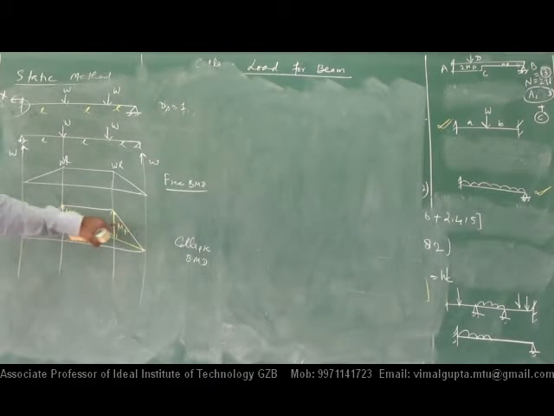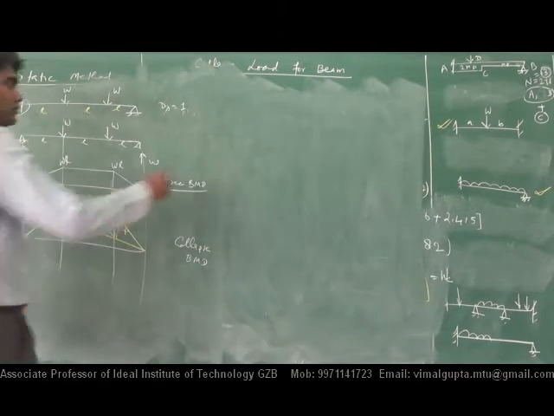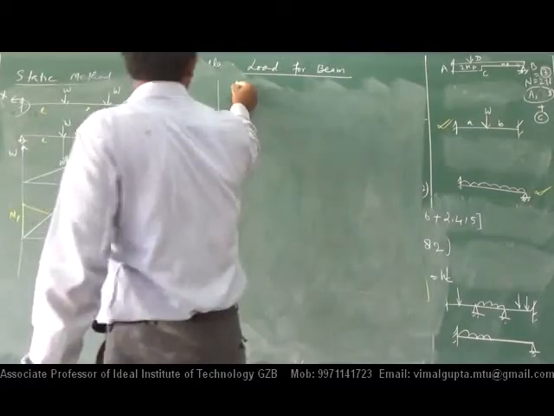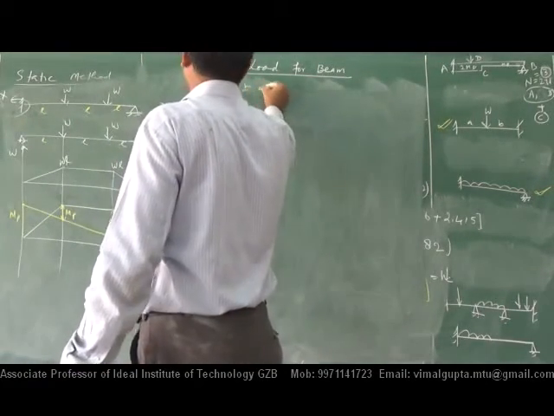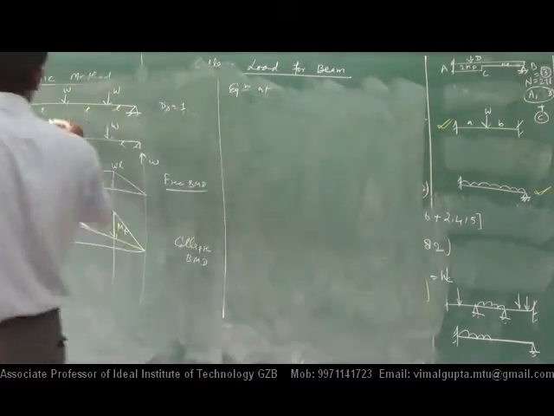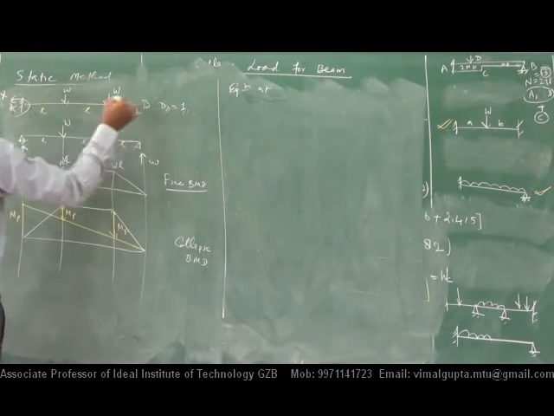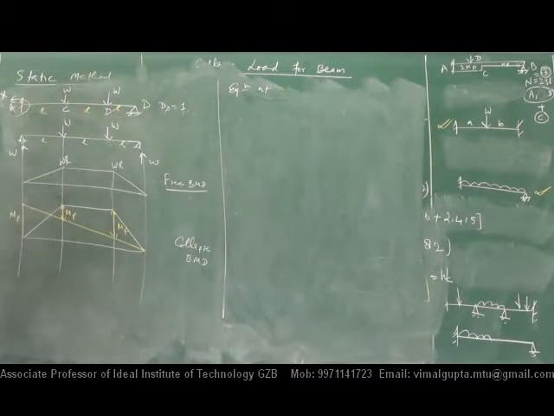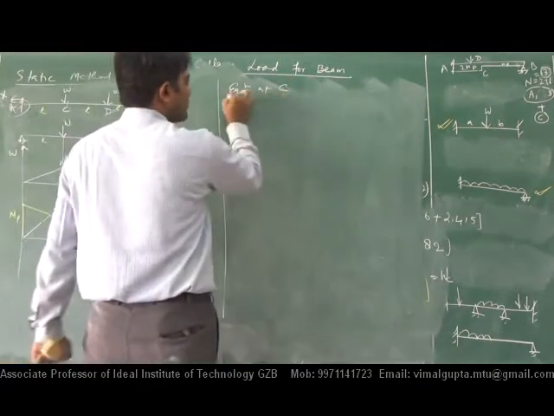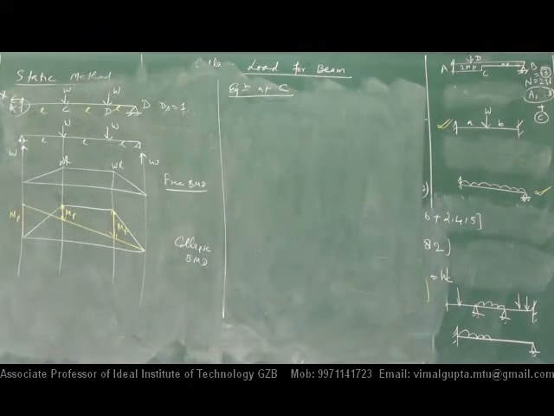It will be MP. Okay, now apply equilibrium at कहाँ पे? At which point? If this point is A, if this point is B, if this is C, this is D, then apply equilibrium at point C.